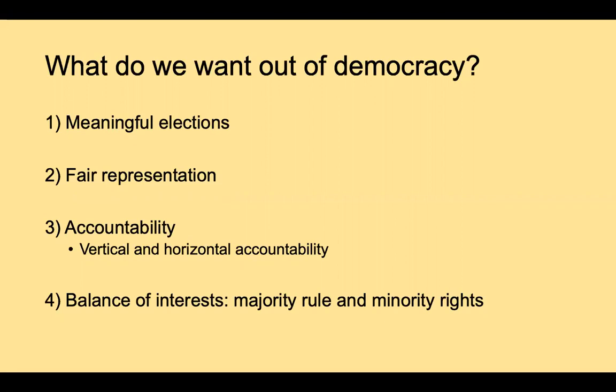These different forms of accountability between voters and elected officials and between institutions of government matter a great deal because only if these elected officials and institutions are accountable to us can we truly say that they are representing us and that they are acting on our behalf. And so accountability is an important thing that we want from democracy.